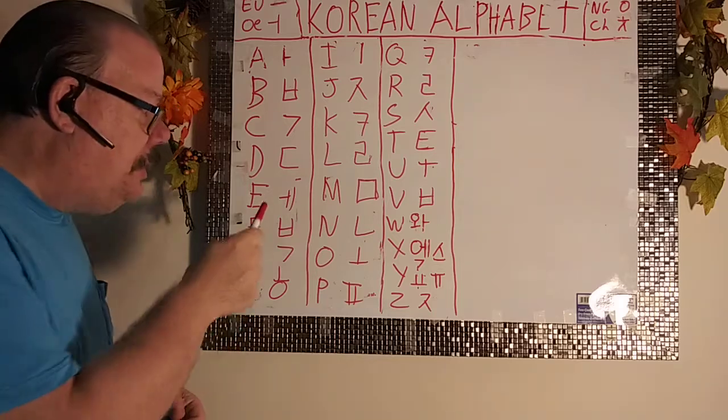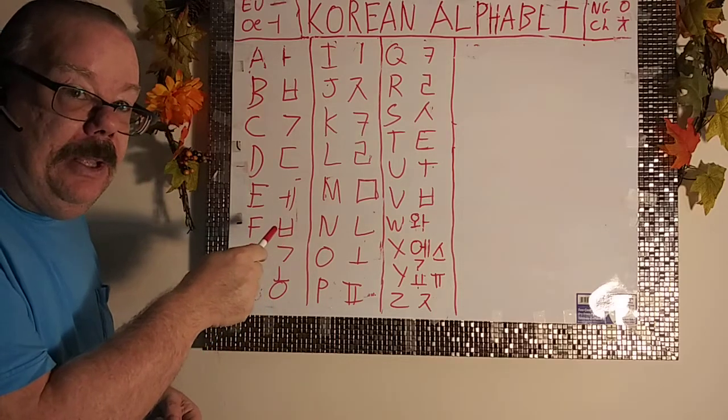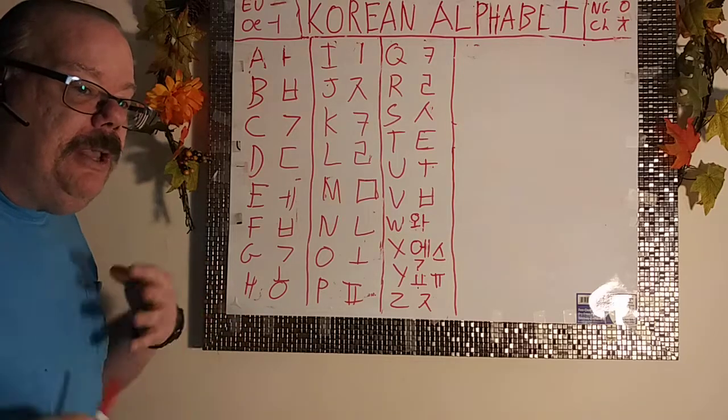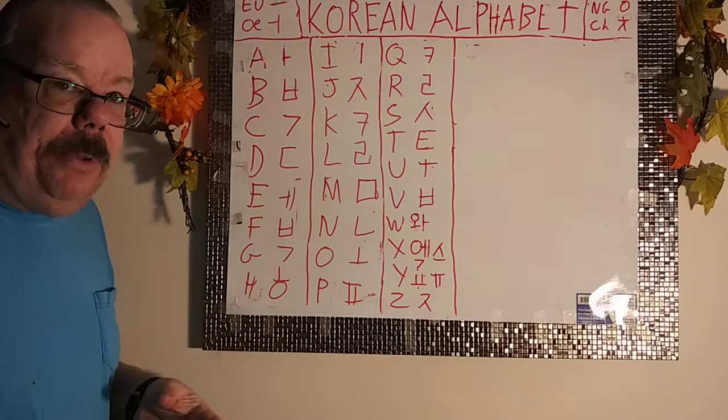So instead they use P. Now it may be a little difficult because for Fuji apple, they might call it Pujji apple.